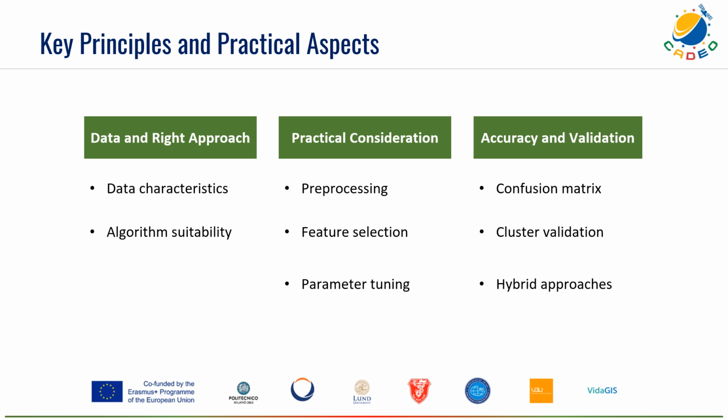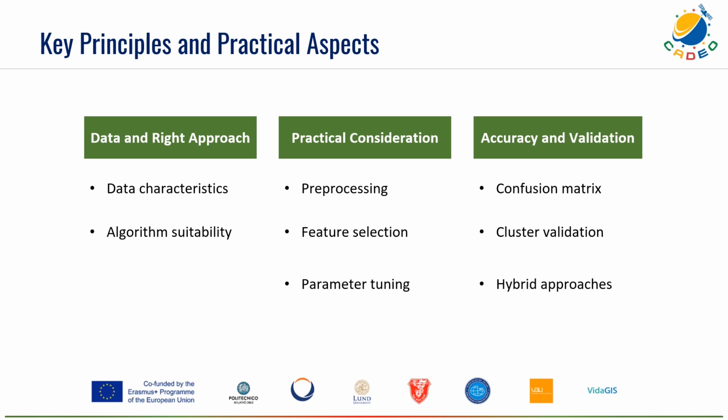For cluster validation in unsupervised classification, evaluating the quality of clusters is crucial. Techniques like the silhouette score, Dunn index, or Davies-Bouldin index assess how well separated and cohesive the clusters are.